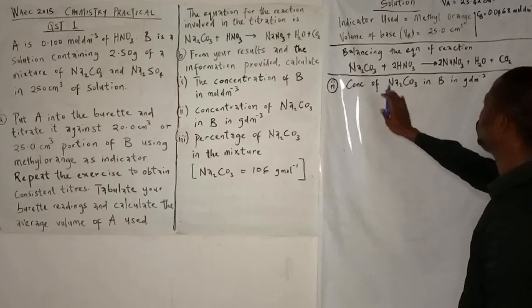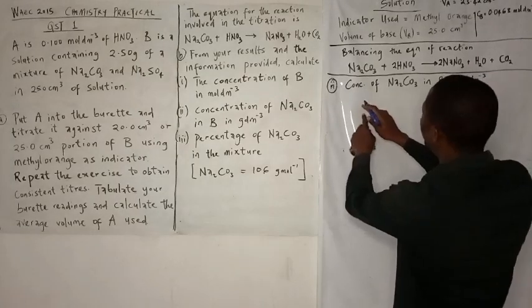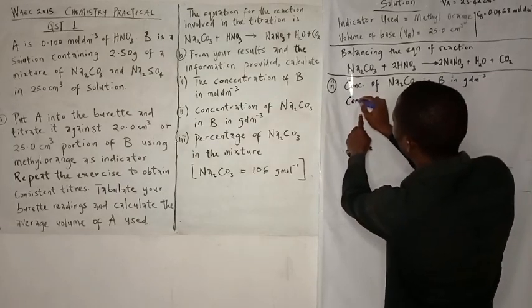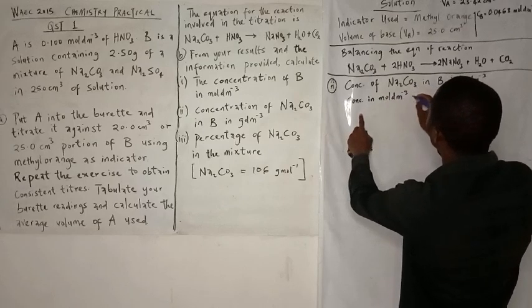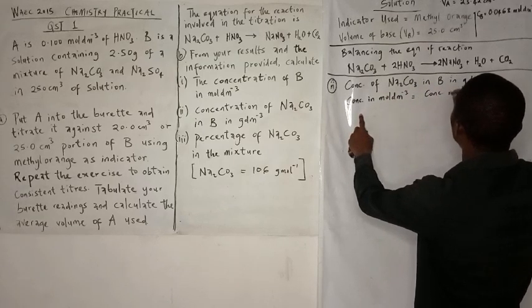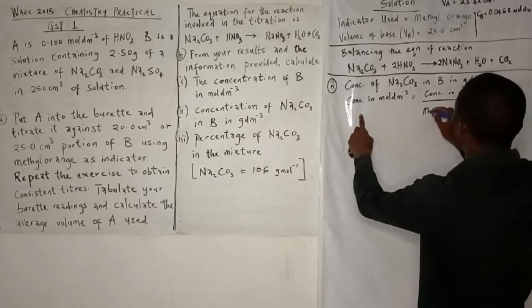So how do we find the concentration of this same sodium trioxocarbonate IV in grams per dm cube? We use the formula: concentration in mole per dm cube is equal to concentration in grams per dm cube all over molar mass.